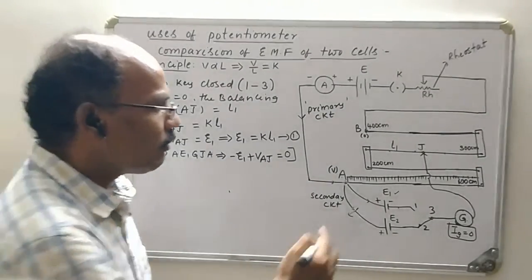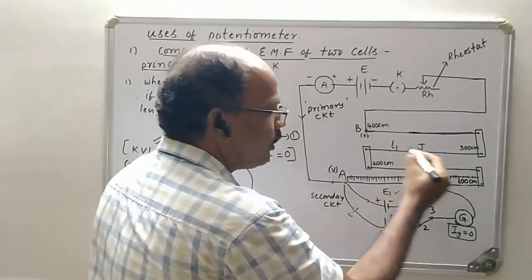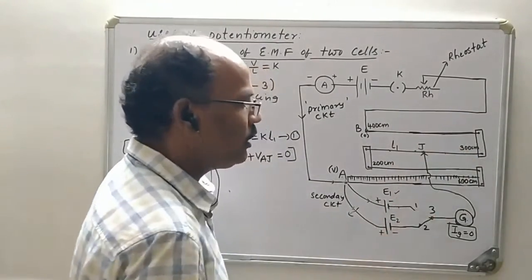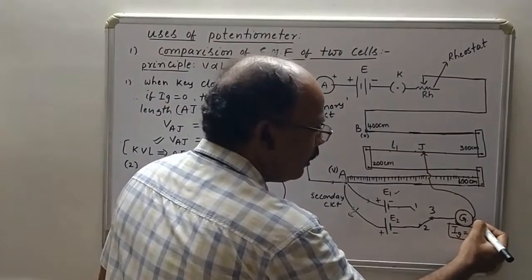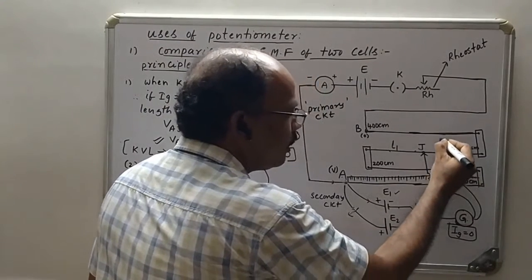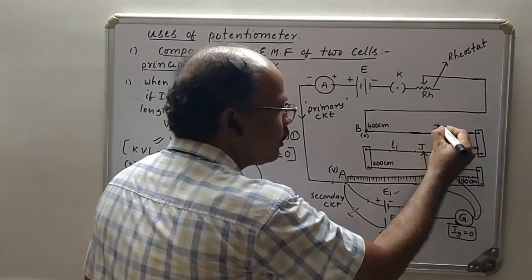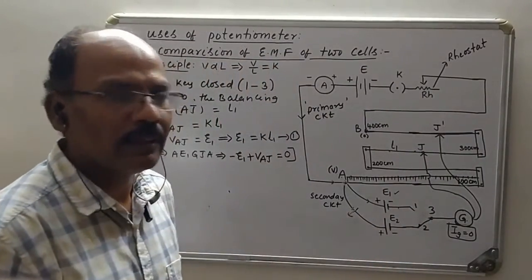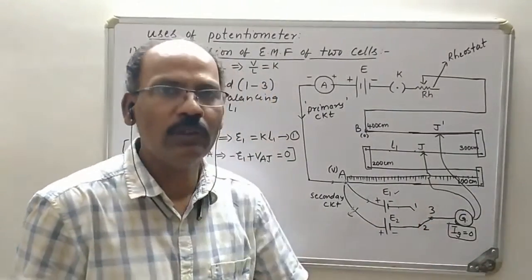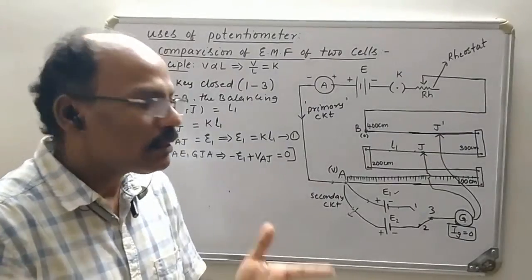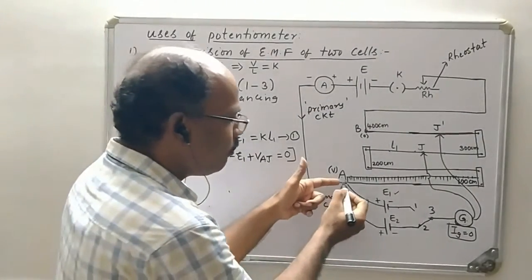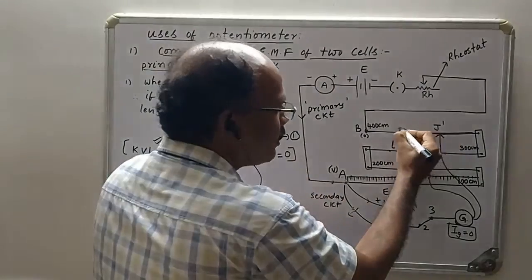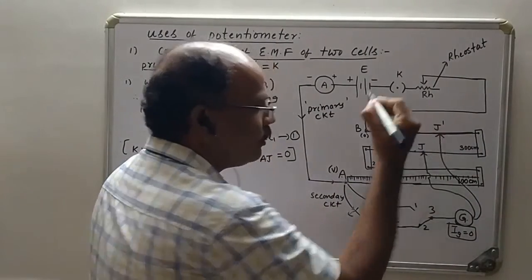Then again we touch the jockey J at different points along the potentiometer wire. Let us say it touches at point J dash. Then the current through the galvanometer is equal to 0. That balancing length between point A and J dash is represented as L2.